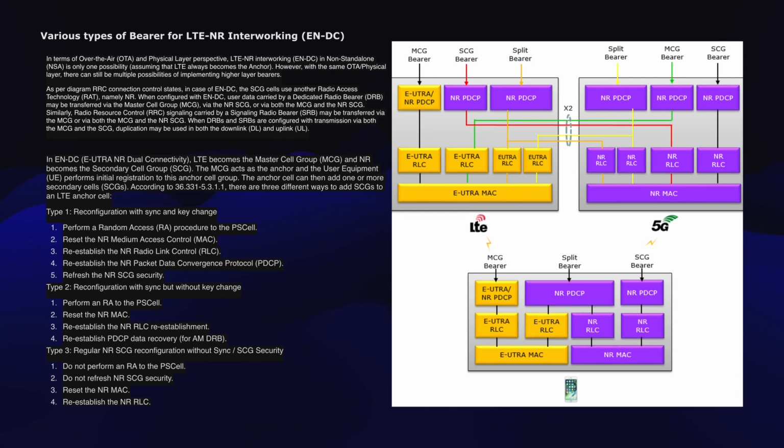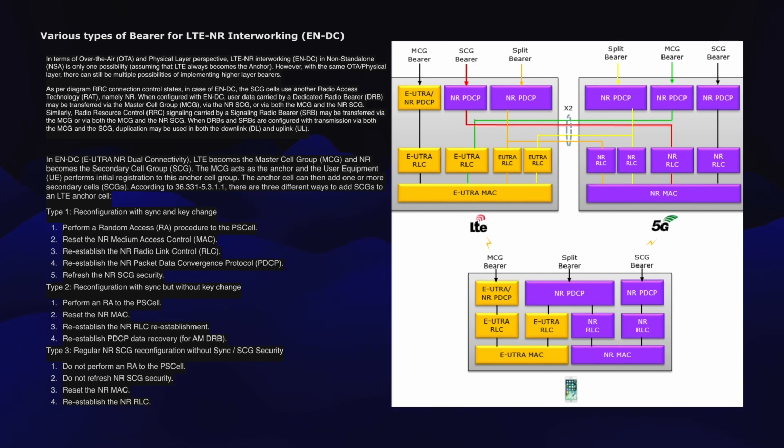Similarly, radio resource control RRC signaling is carried by a signaling radio bearer, SRB, and may be transferred via the MCG or via both the MCG and the NR SCG.